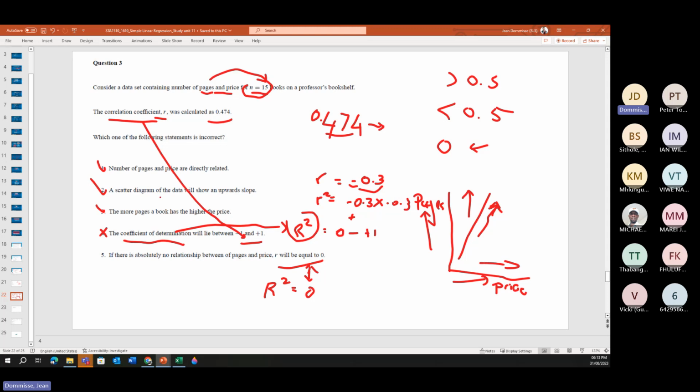So I will see if I can get out of the previous papers most of the theory questions as well, so that we can go through all of them.